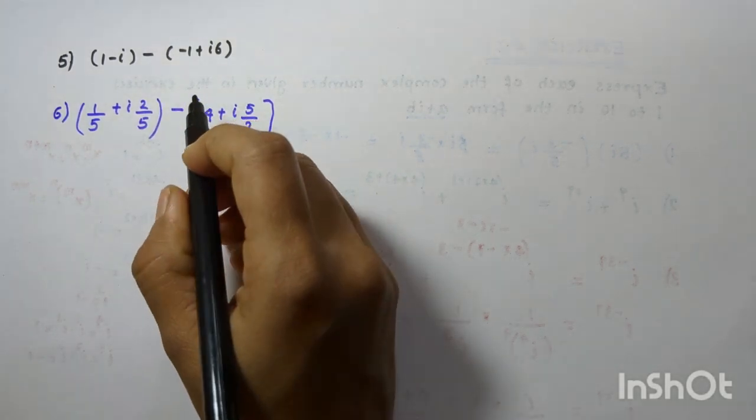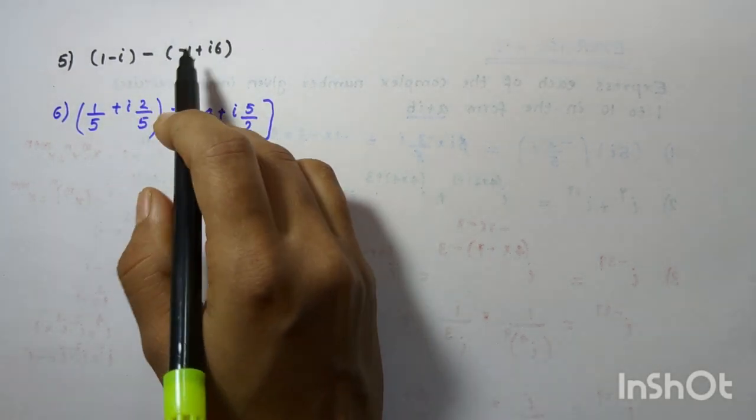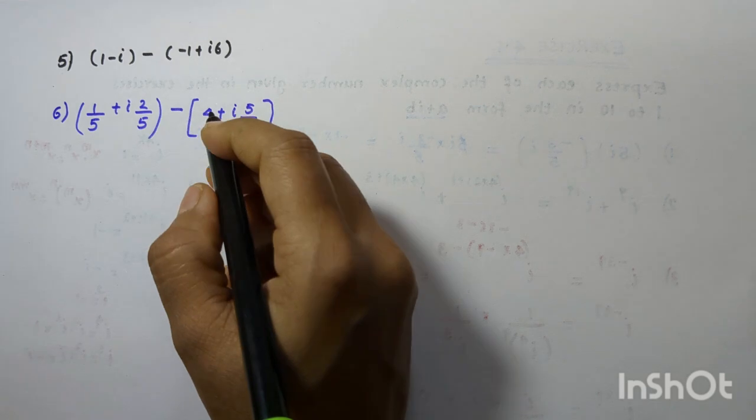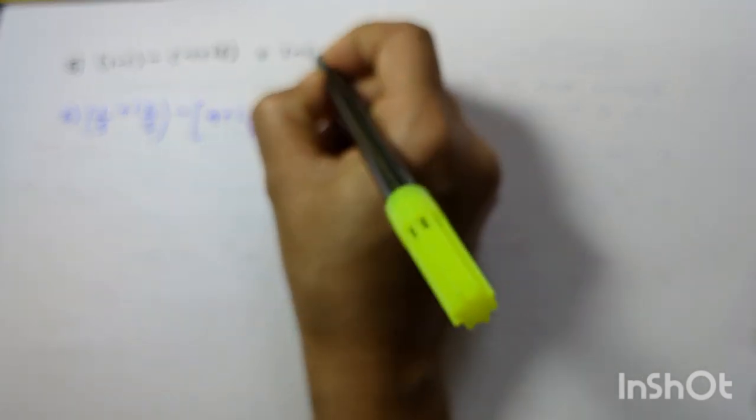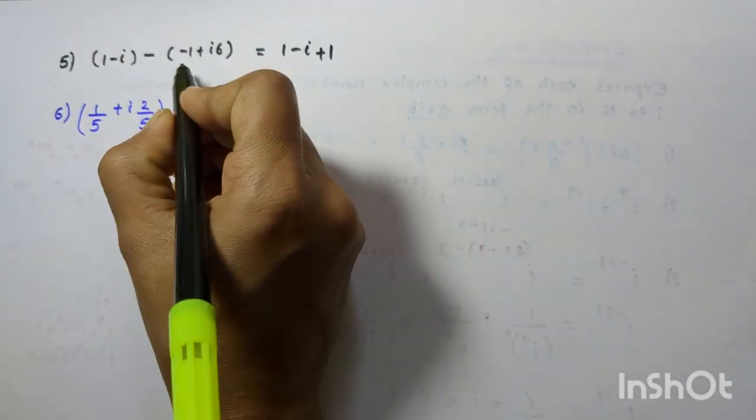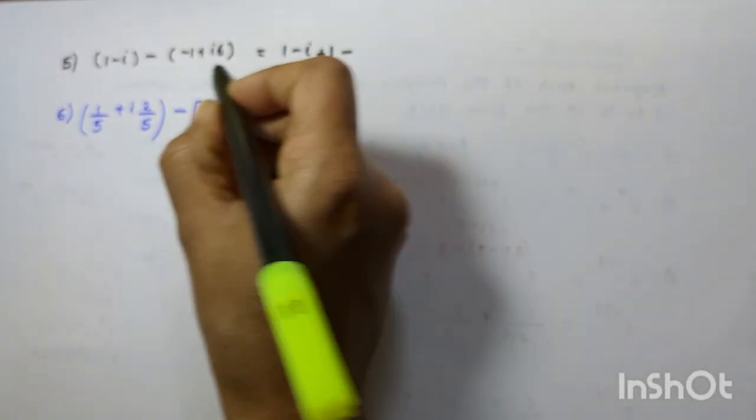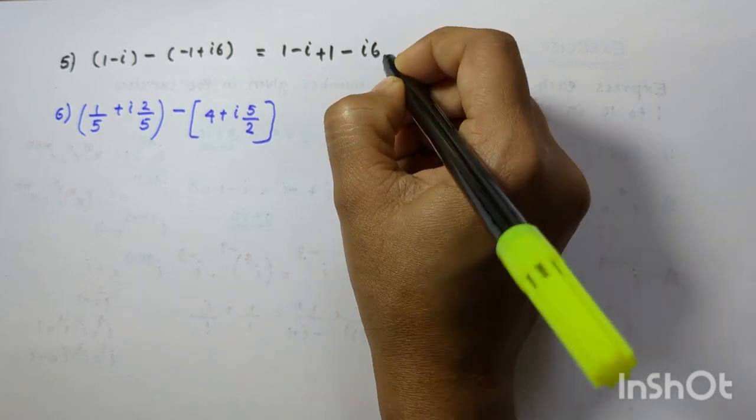Now the fifth one is 1 minus i minus minus 1 plus i into 6. This can actually be written as 1 minus i, then I am just opening this bracket, minus into minus 1 is plus 1, minus into plus i becomes minus i into 6.